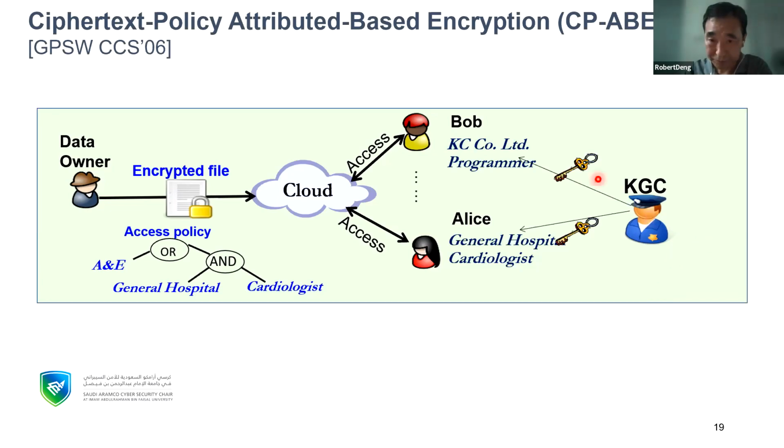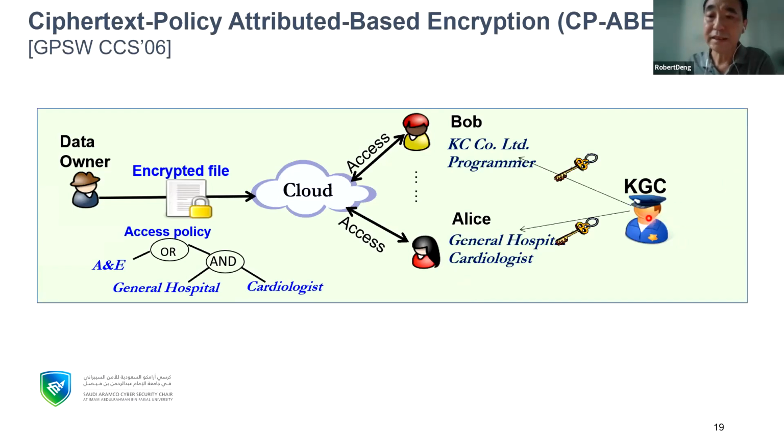Well, each user in the attribute-based encryption will have a set of attributes. So for example, Bob will have the attributes: his organization, his position in the organization. Similarly, Alice, her organization, General Hospital, her position is cardiologist. So all those are the user's attributes.